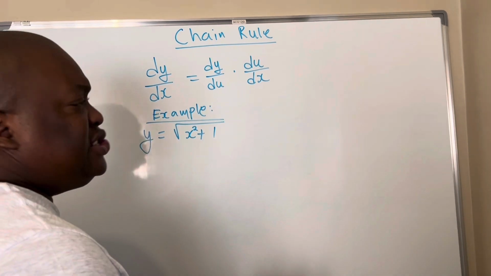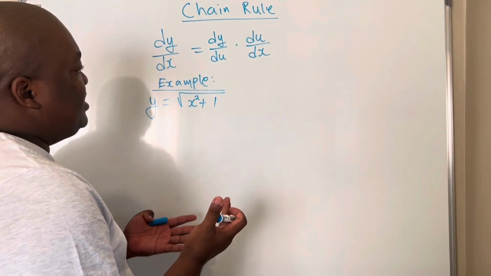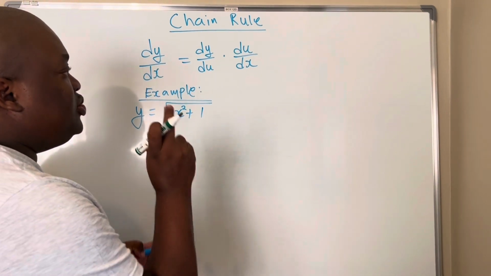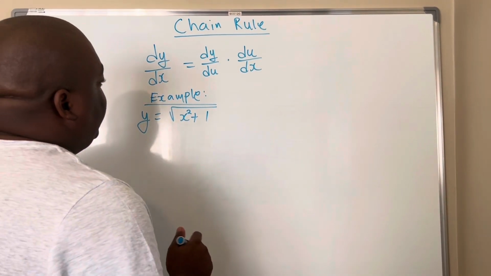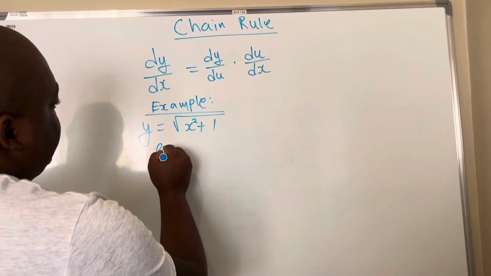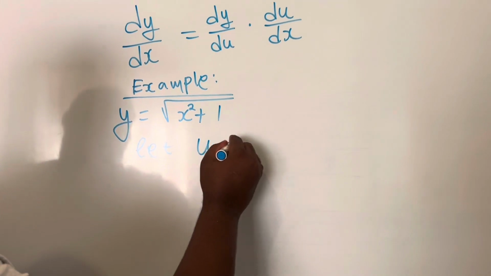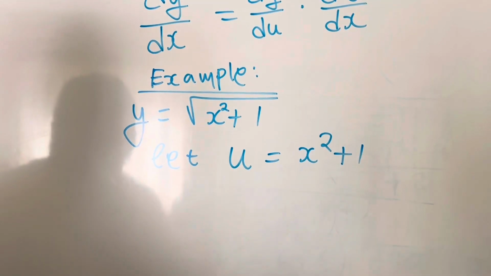So that's the essence of letting. When you let, you are compressing a complex expression into one function such that you can simplify that function. So in this instance, we need to let u equal to x squared plus 1.